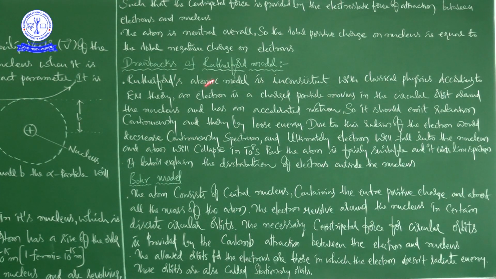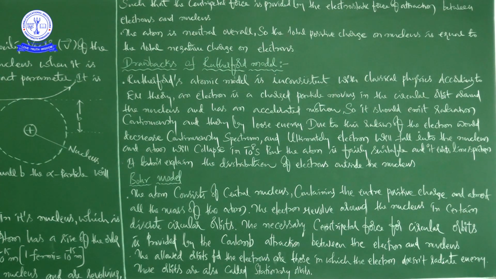Next point. The atom is neutral overall, electrically neutral. So the total positive charge on the nucleus is equal to the total negative charge on the electrons.